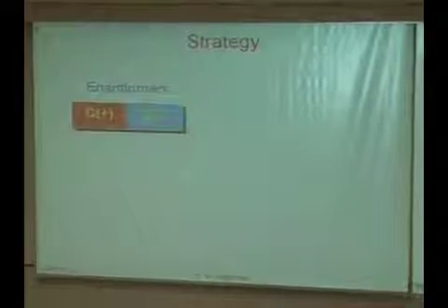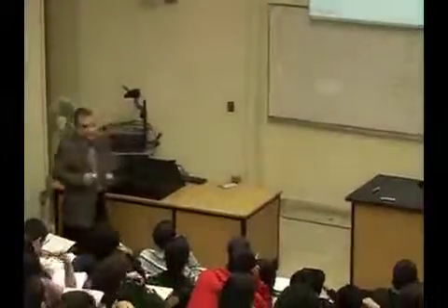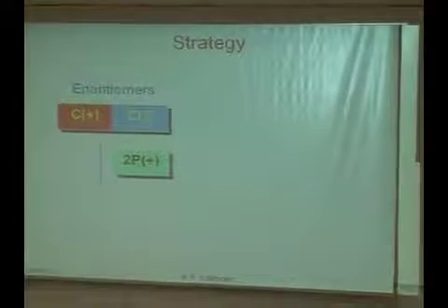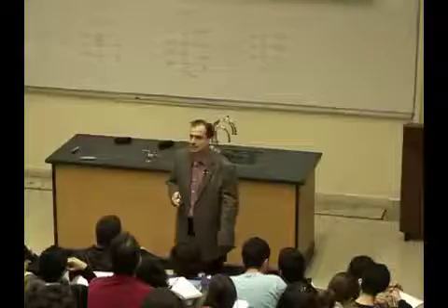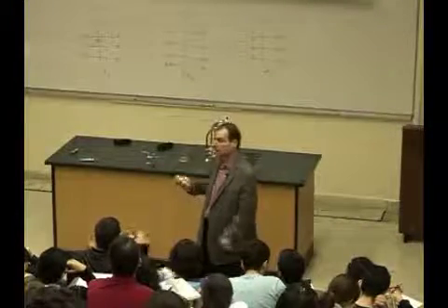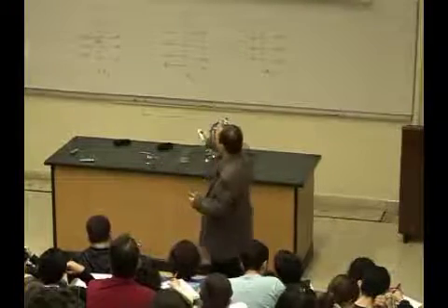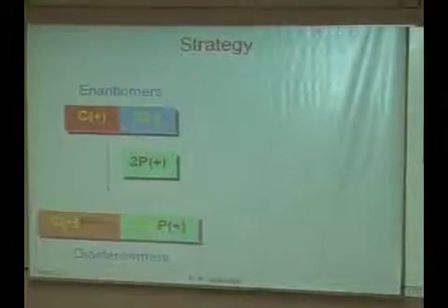Then what do you do? You add another chiral center or another chiral molecule. But the chiral molecule that you are adding must be complexing to the C plus and C minus, so that when you are adding it, now you don't have enantiomers anymore. Now you have a mixture of diastereomers.